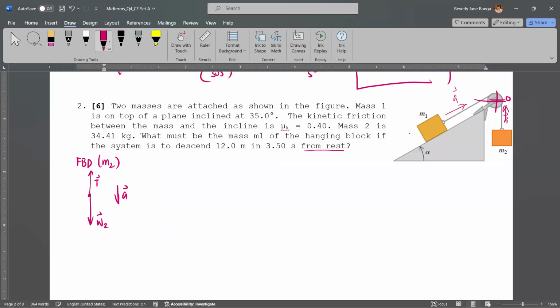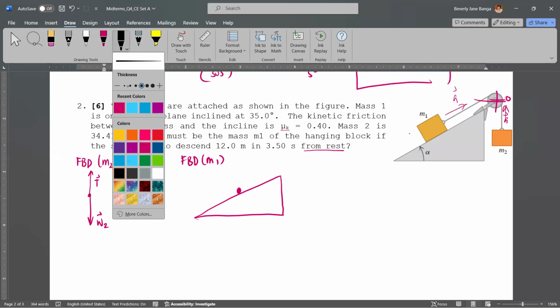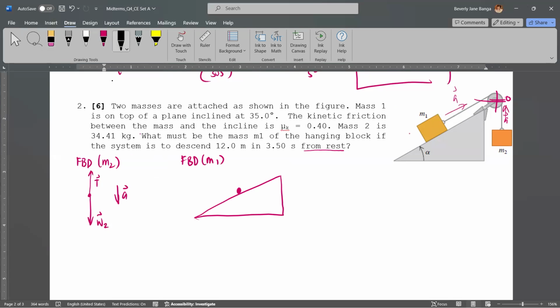Okay? Now, FBD of mass 1 pala. Ang FBD ng mass 1 natin is, ganyan. So, medyo ibababa ko yung ramp para magkaroon ako ng mas maayos na drawing. So, this one is the mass 1. So, obviously, meron siya normal. So, meron tayong normal.